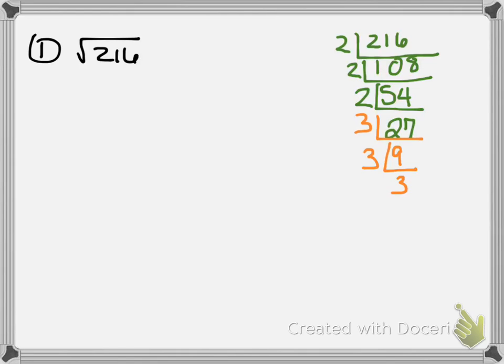And so because we're working with square roots, we are looking for groups of 2. So when we're looking for groups of 2, I'm going to come back in here. I have a group of 2 2s, and I have a group of 2 3s. So I'm going to write down one of those 2s and one of those 3s.